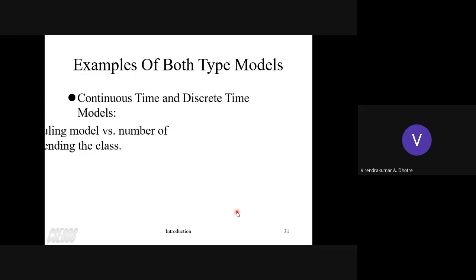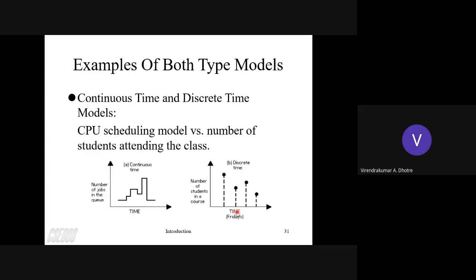The example of both models, continuous time and discrete time models, where we are going for a CPU scheduling model and number of students attending the class. So this is continuous time and this is discrete time. This is continuous, starting with Monday to Friday, on timelines. Fridays, discrete time.